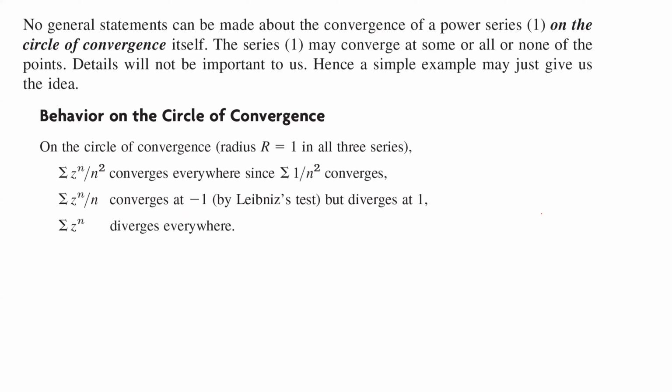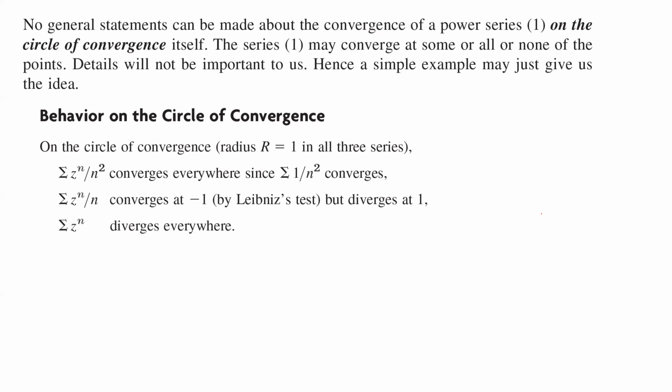And Z to the n diverges everywhere on the unit circle. So no matter if Z is 1 or -1 or any other value, it never approaches anything. But for any Z smaller than 1, of course, inside the unit circle, it converges.